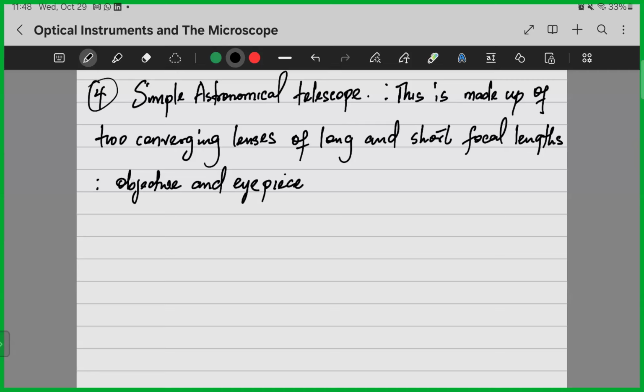Number one, the eyepiece, also called ocular, O-C-U-L-A-R, functions as a magnifying glass in both instruments.